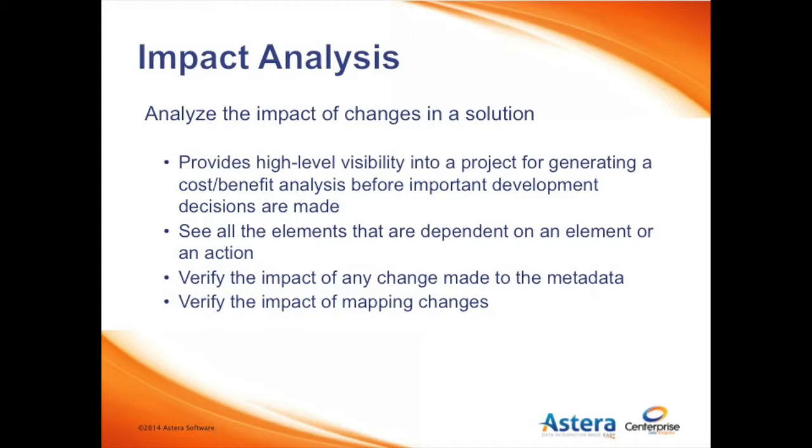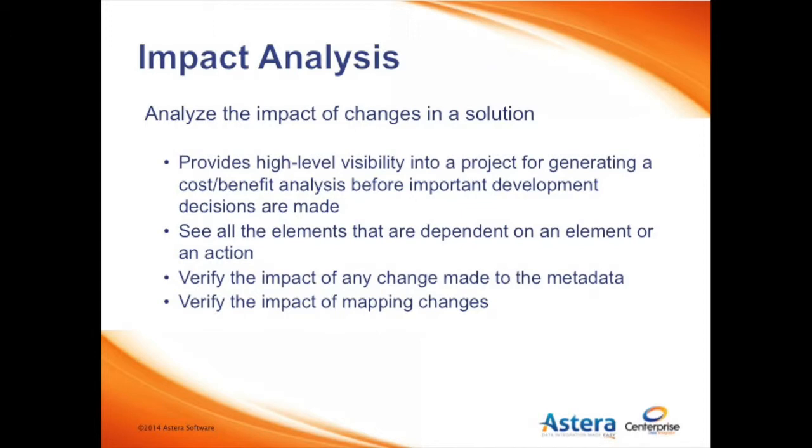So say, for example, if I have the data flow and I'm looking at adding a couple more columns, or deleting some columns, or renaming some columns. By tracking lineage and tracking the impact of that change, we can see how many actions are going to be affected, how many other data flows and subflows are going to be affected.